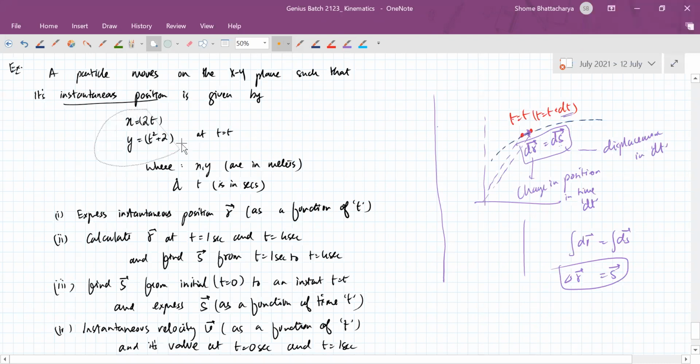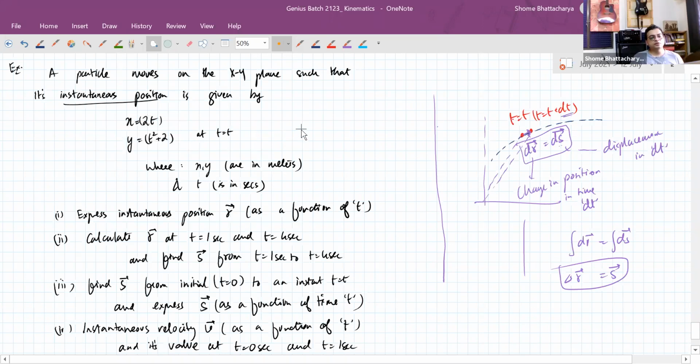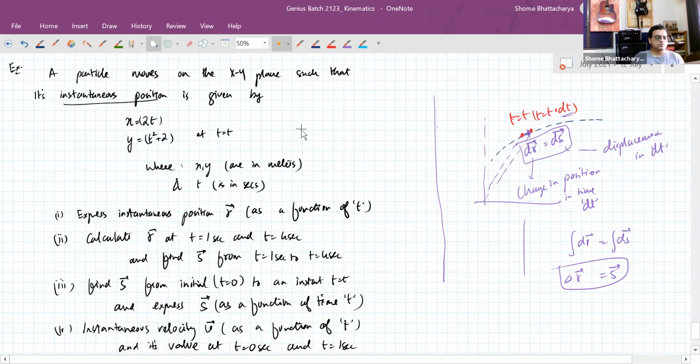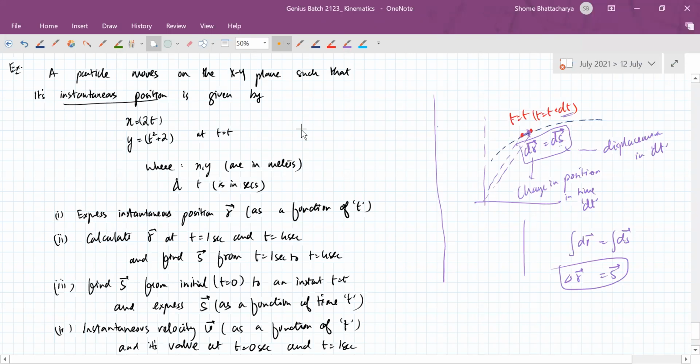So the particle started from origin, right? Can't be sure of that. That we have to understand from the equation. So starting of the motion happens at t equal to 0, no? So at t equal to 0, what is the position? The 2. It's not the origin, no? Yes, sir. So it's 0, 2.